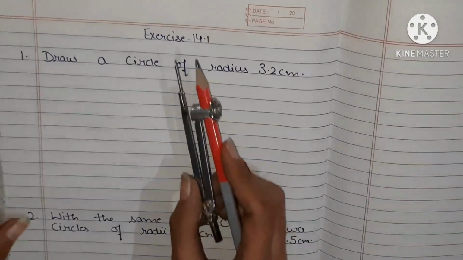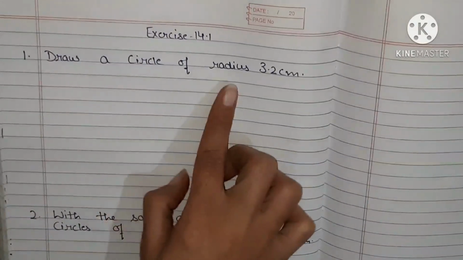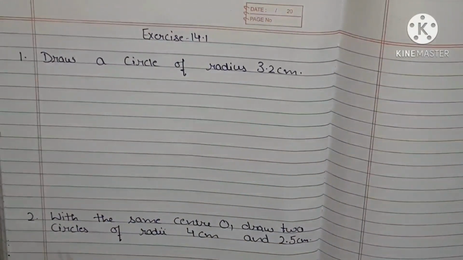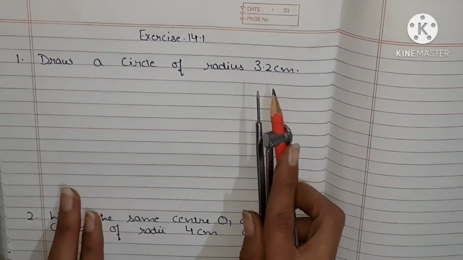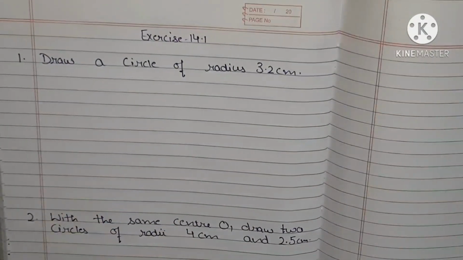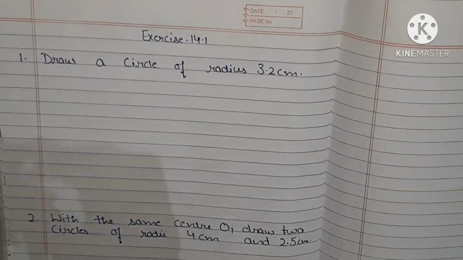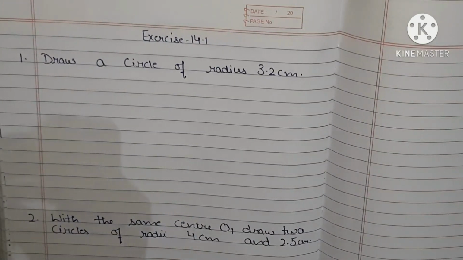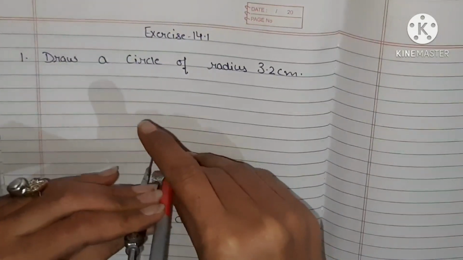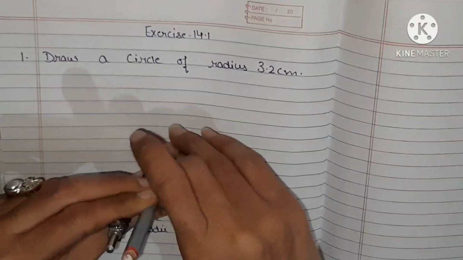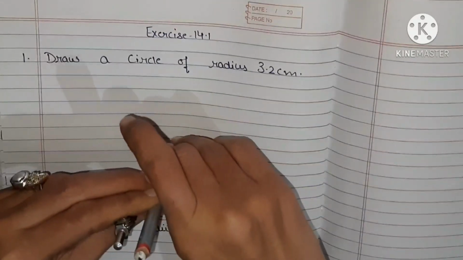So exercise 14.1, question number 1 is draw a circle of radius 3.2 centimeter. Here we have to draw a circle of radius 3.2 centimeter. So for that, what are we going to do? Again, we are going to firstly fix the pencil in the compass. First of all, we are going to attach a sharpened pencil into the compass. Now what we have to do?